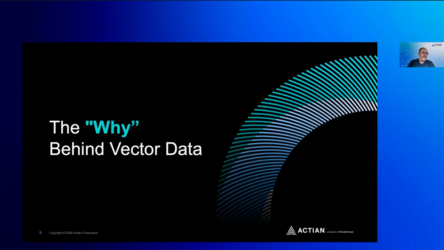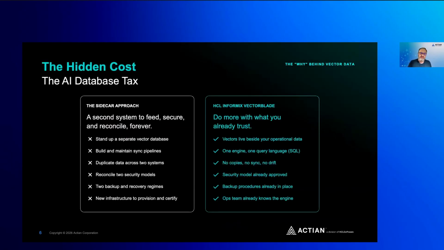Okay, so why do we do vector? The whole idea is that vectors are what is driving similarity. And this is the best way we've actually found to do that, at least for now, when it comes to comparing different things.